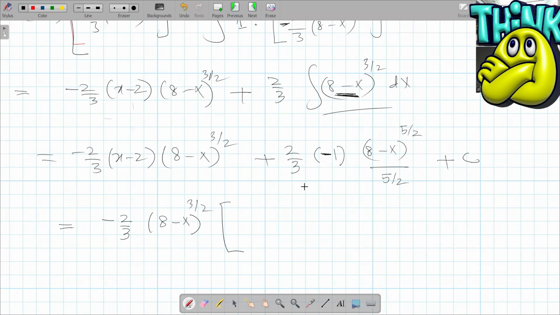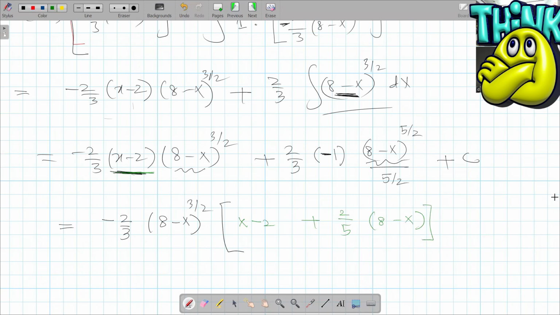It is in both the terms, so we can take 3 over 2 common. What will be left in the first term? Only x minus 2 will be left. So left will be x minus 2 in the first term and 2 over 5 times, what will be the power left? 8 minus x.